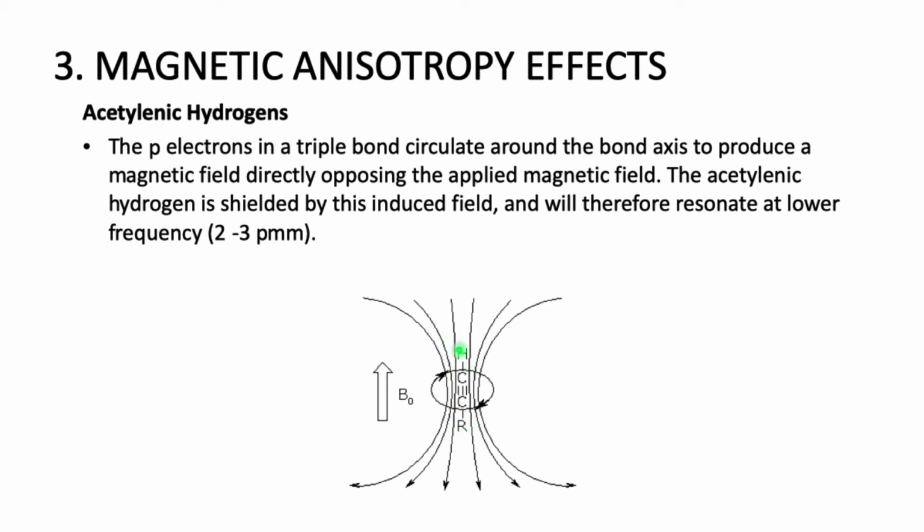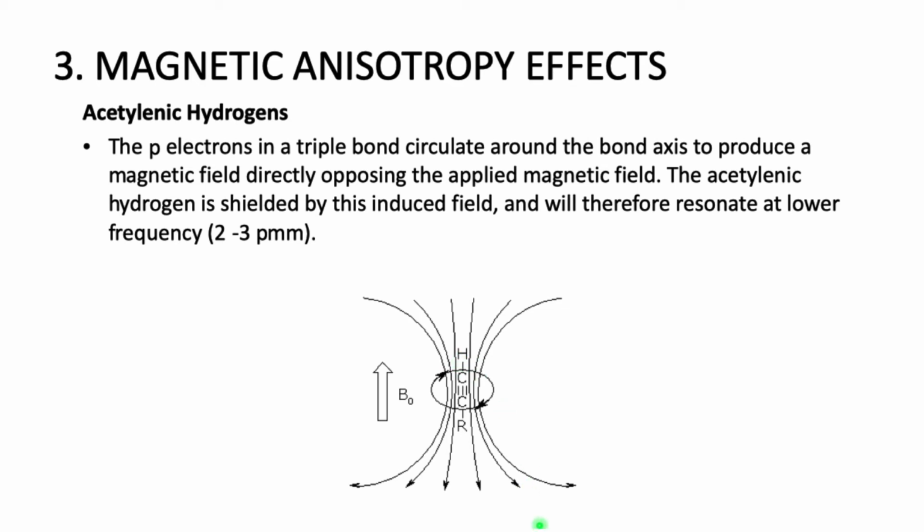That's the reason they appear on the extreme right of the NMR spectrum, at a very shielded region or the upfield region, where usually the delta value is 2 to 3 ppm.